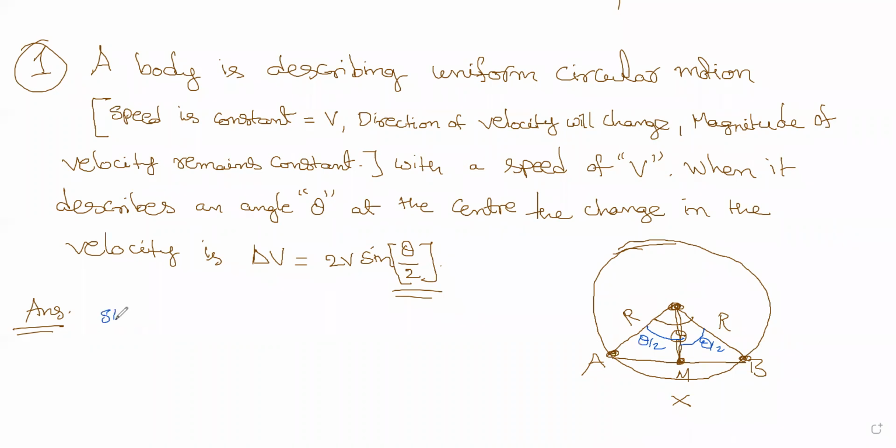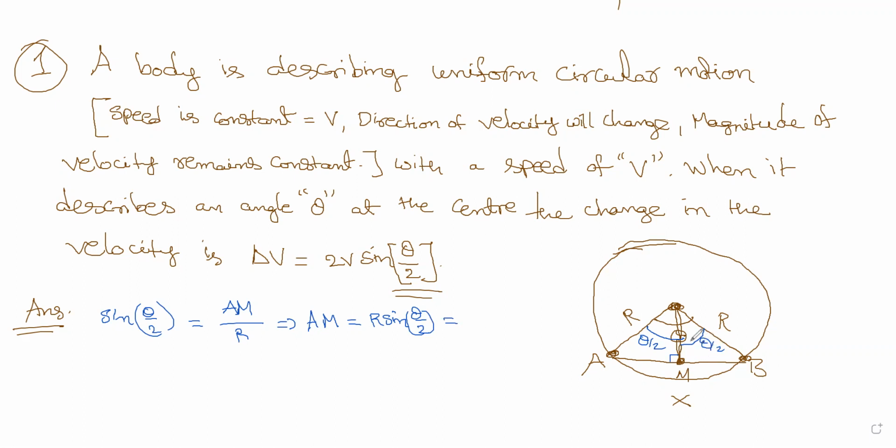Sin theta by 2 is nothing but the opposite side, that is AM, divided by the hypotenuse. Hypotenuse is the radius of the circle itself, R. So I got AM as R sin theta by 2. Similarly, you get the same value for BM.